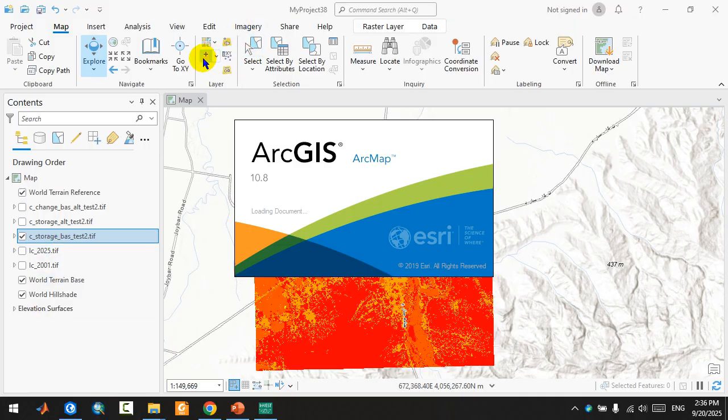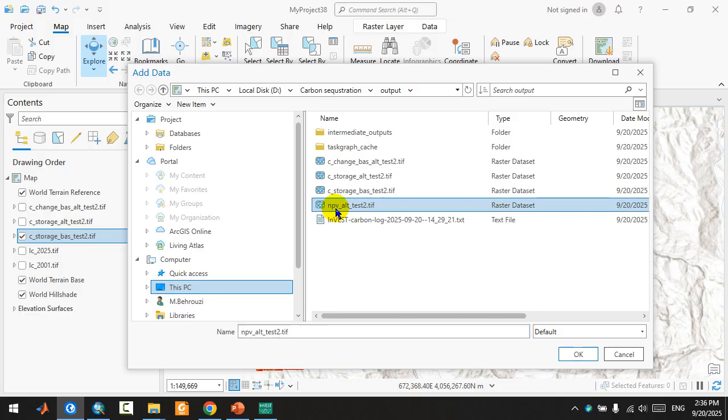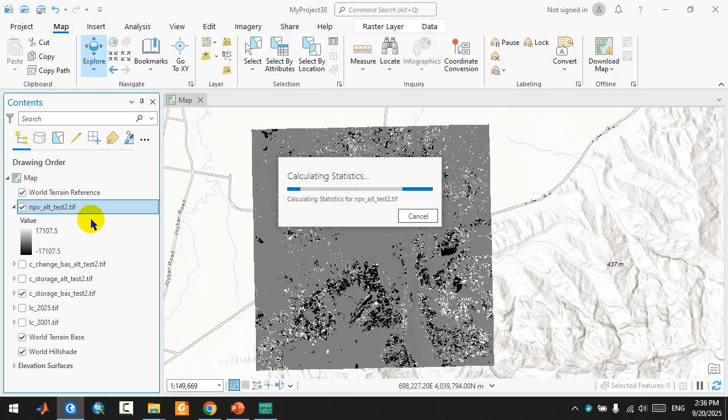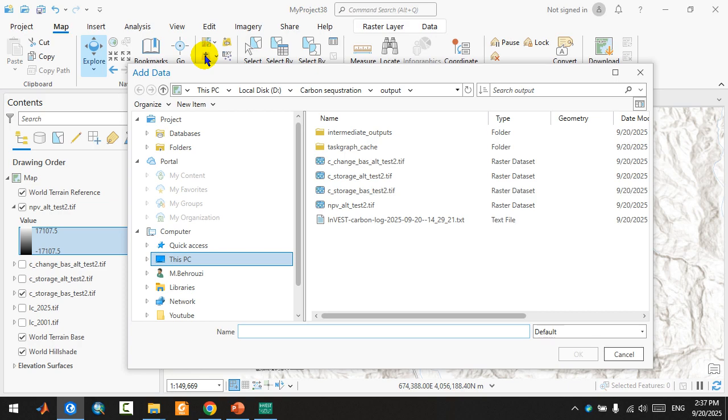In ArcGIS Pro, we import the NPV rate in dollars for the carbon sequestration. Okay.